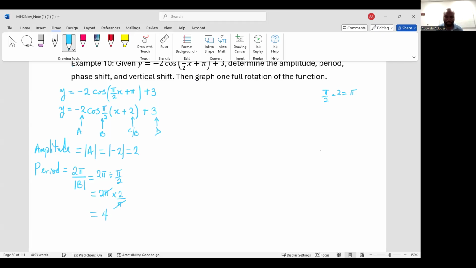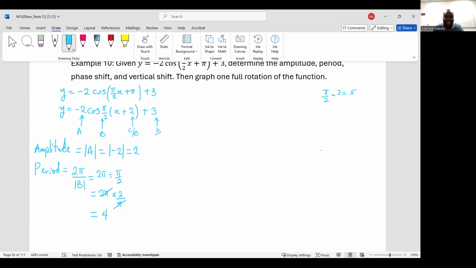What does that mean? It means it takes 4 values to complete one revolution, one rotation.